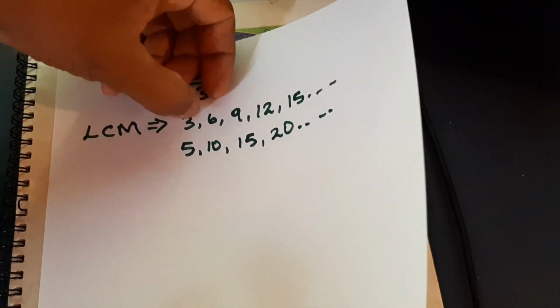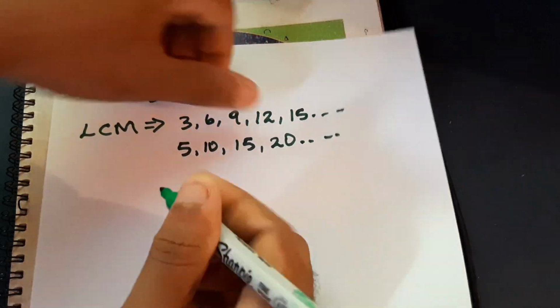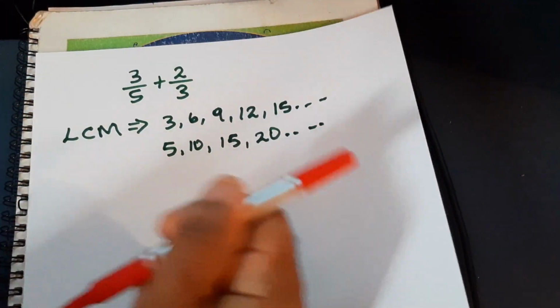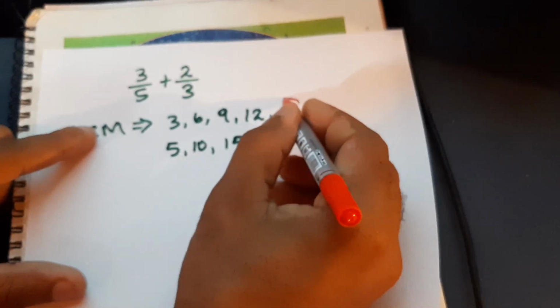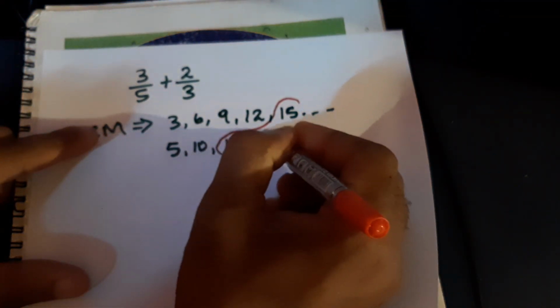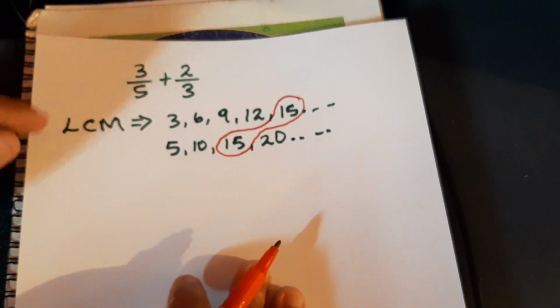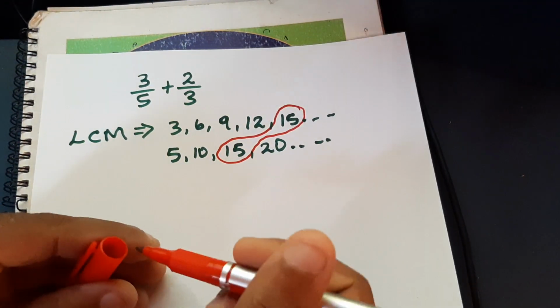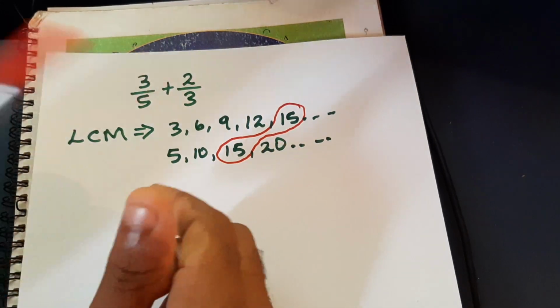Why? Because I realized that 15 is common so far, and it's the lowest of the multiples. So remember, we want the lowest common multiple. So 15 is the lowest common multiple, or 15 is the LCM.